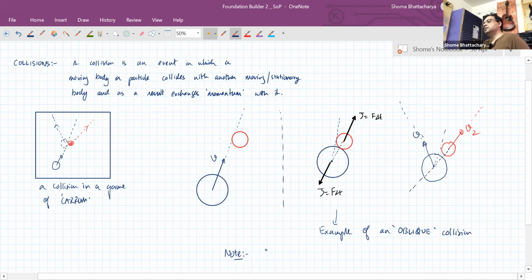And here the quantity J is impulse. It is in fact the collision impulse. We'll talk more in detail about impulse in a bit.